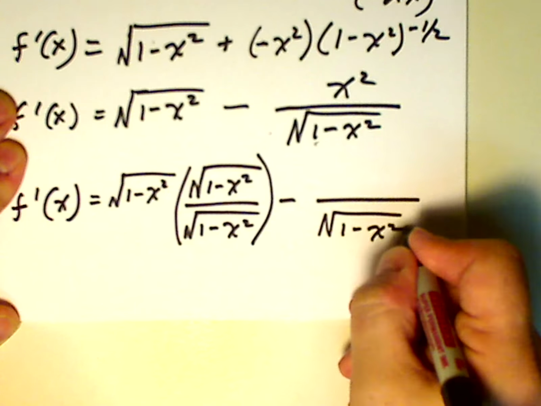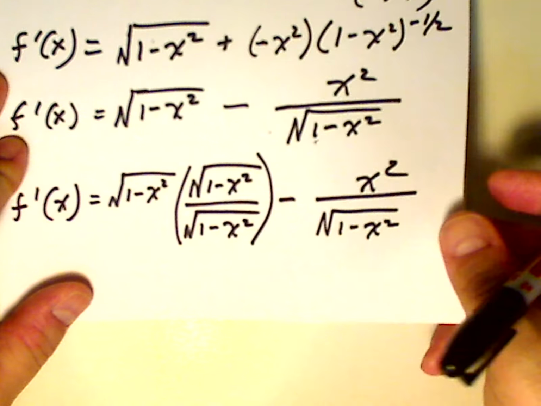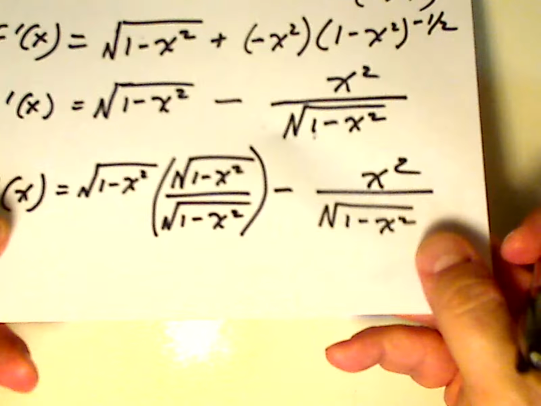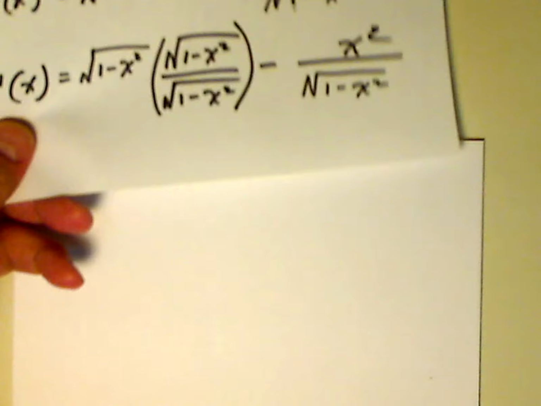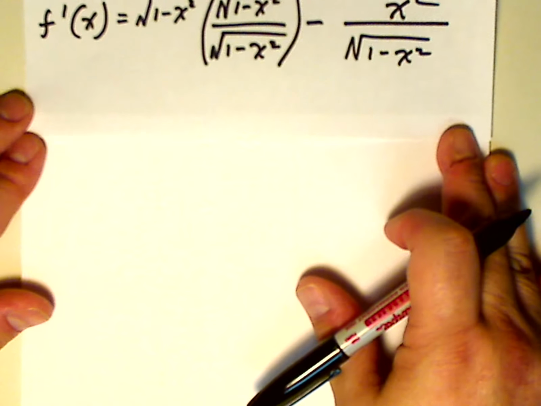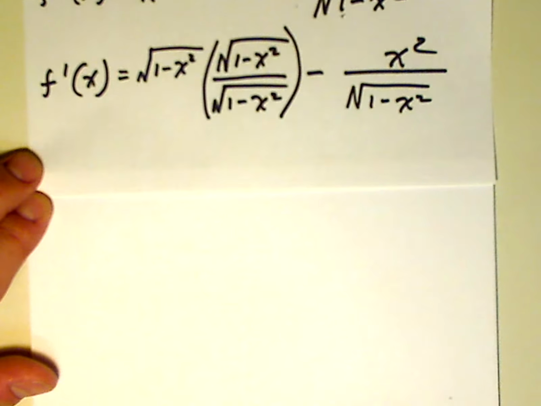Square root of 1 minus x squared and we have x squared there. So, okay, I've run out of room.